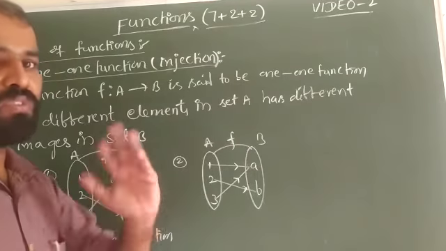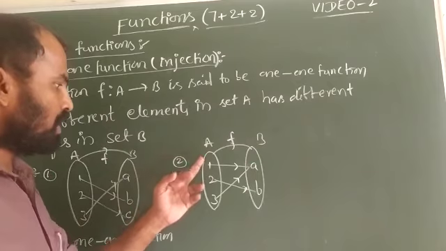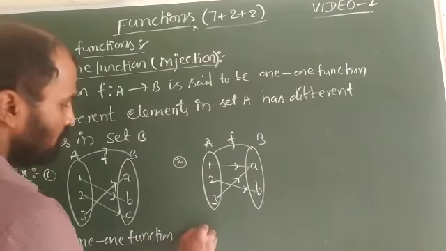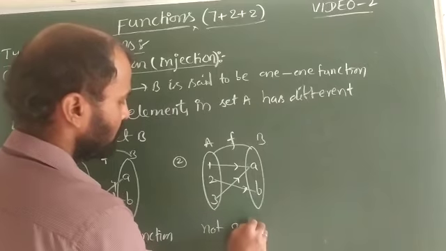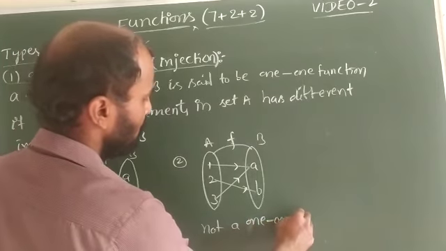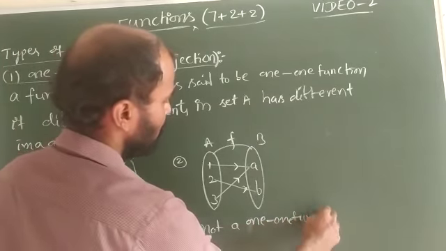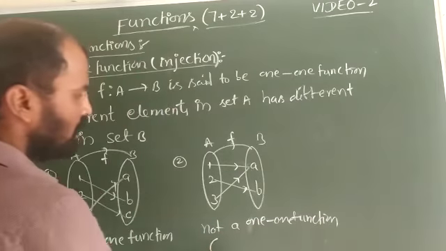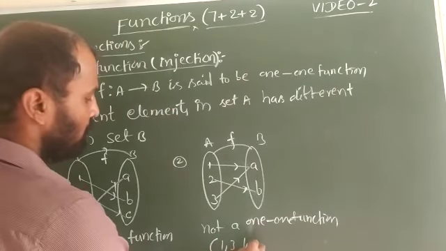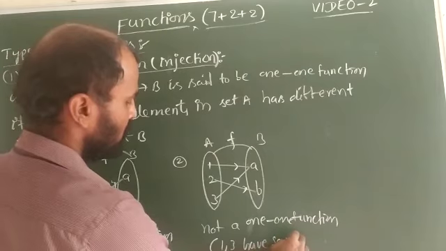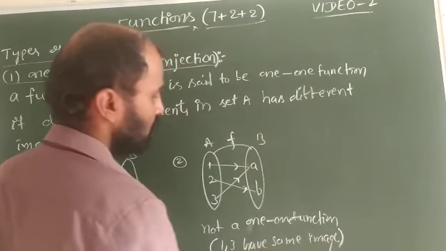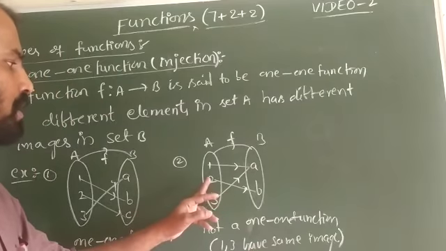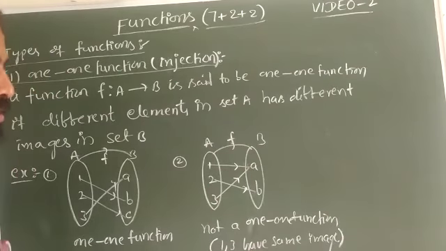Different elements ki different images undali, but here 1 and 3 have the same image, so it is not a one function. Two elements ki ఒకే ఇమేజ్ ఉంది. ఒకే ఇమేజ్ ఉన్నది కాబట్టి సో దిస్ ఈజ్ నాట్ ఏ one ఫంక్షన్.